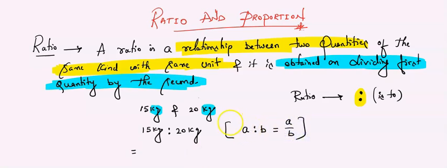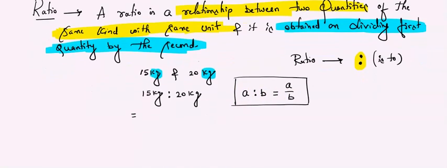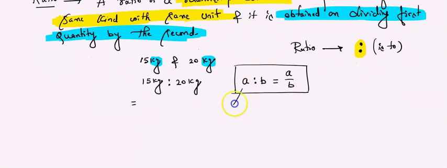A is to B is the standard form, and it can also be written as A by B. Any doubts? You should remember this topic. A is the first quantity. I am just describing it. What is A here? A is my first quantity.